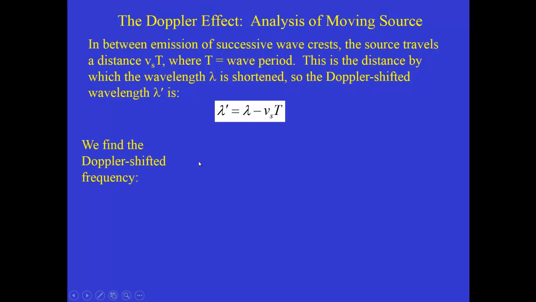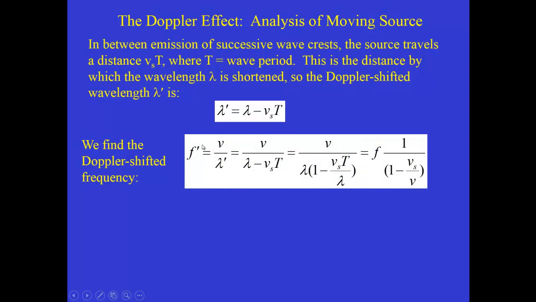So we can now calculate the new frequency, and we'll call it f prime, the Doppler-shifted frequency, for this case of a moving source. It's v over lambda prime, and now we substitute for lambda prime, and realize that we can factor out a lambda from both terms in the denominator, so we get lambda times 1 minus v_s times the period over lambda, and now we realize that T in this expression is equal to 1 over the frequency, right?